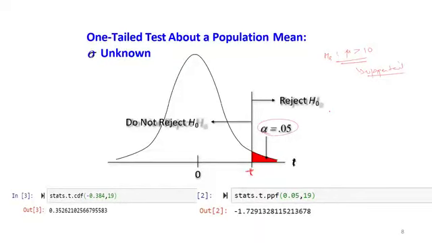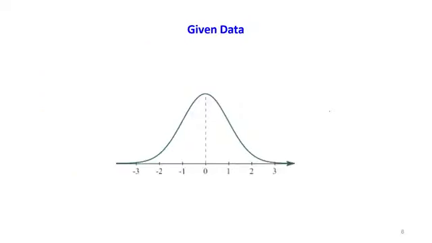Based on your use case, based on the problem you're solving, accordingly you have to use the appropriate alpha value to compare. So nothing changes.